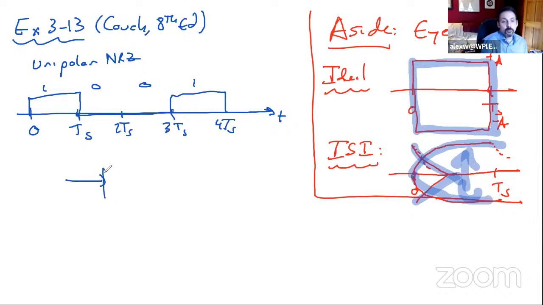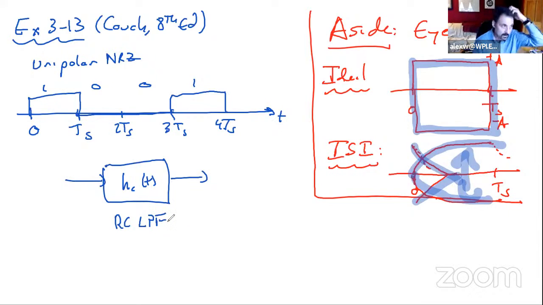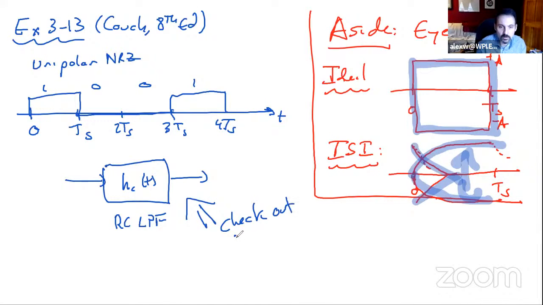What happens is my filter, my channel, is an RC low pass filter, RC LPF, right? And they recommend checking out equations 2-145, 2-146, and 2-147.